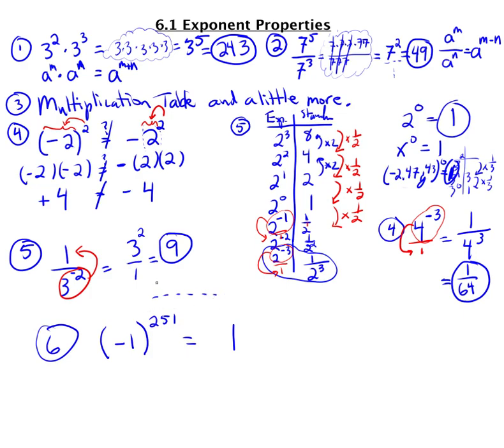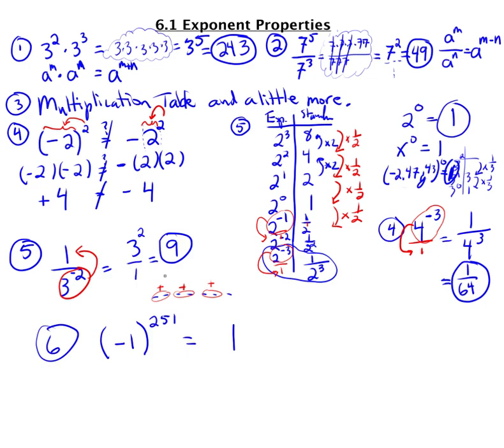And I'm going to think, okay, a negative times a negative is a positive. So I'm going to group them into pairs, because each one of these will be a positive. So if I had 6, my end result would be a positive. If I had one more negative, an odd number, then I would have a negative.